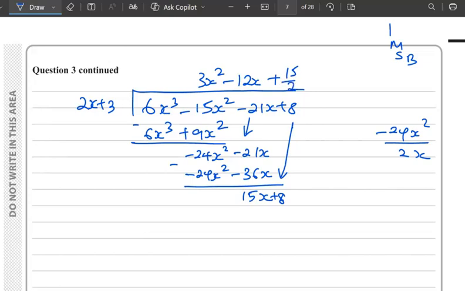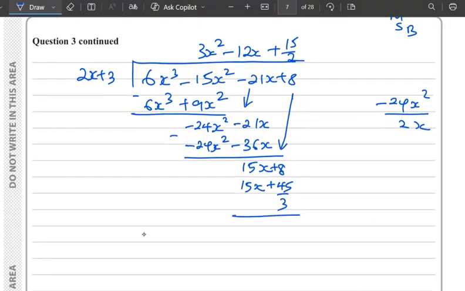So if we multiply this, we'll have 15x. 15 over 2 times 3 is the same as plus 45 over 3. And then at this point we can still subtract. So this one gives you 0. 8 minus 45 over 3.